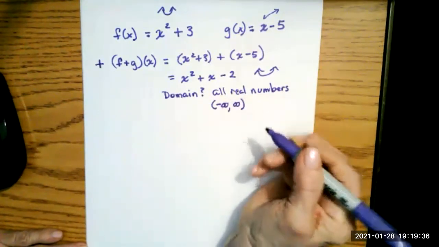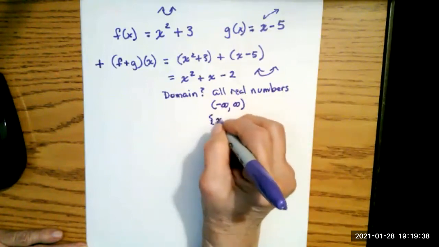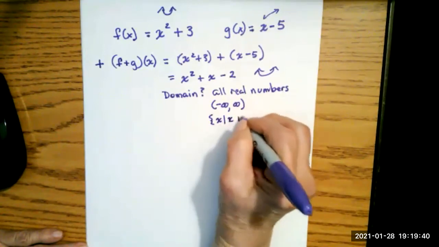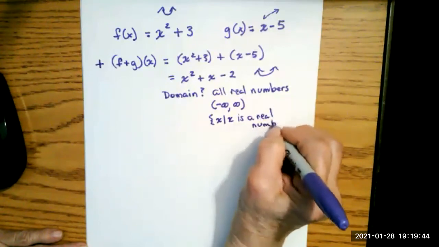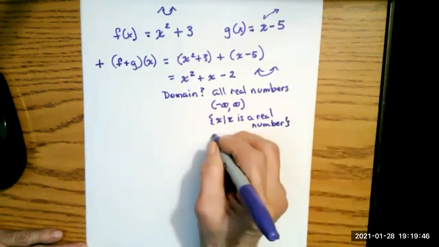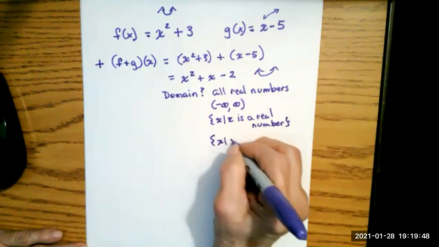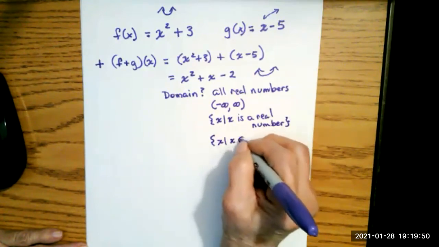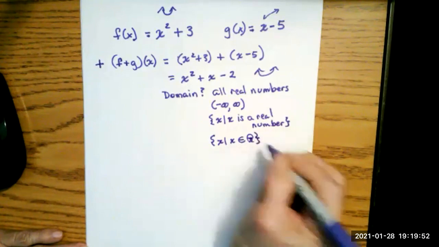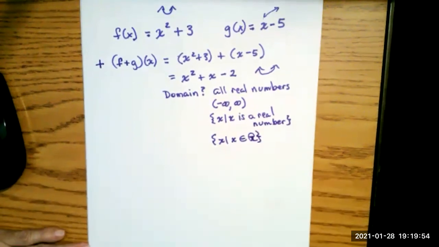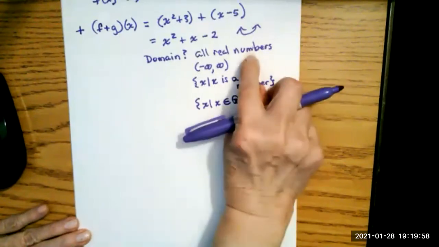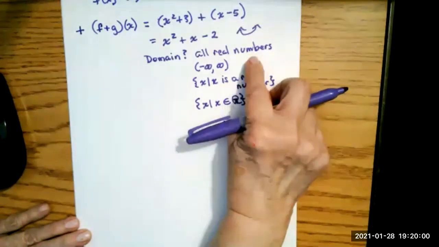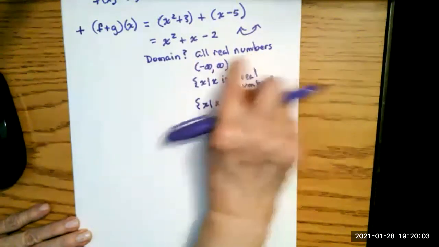They may have the words written out, all real numbers. They might have x such that x is a real number. And they might even have the notation we used to use all the time, such that x is an element of the reals. And that's just a little cursive R there. Let me see if I remember which way they did it. I think in this one they have this one.